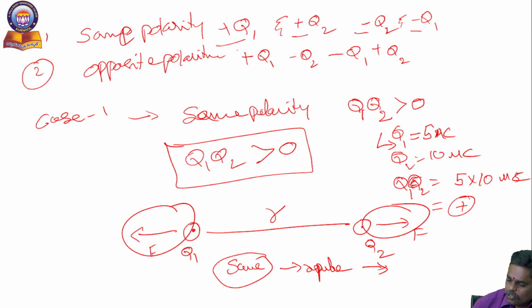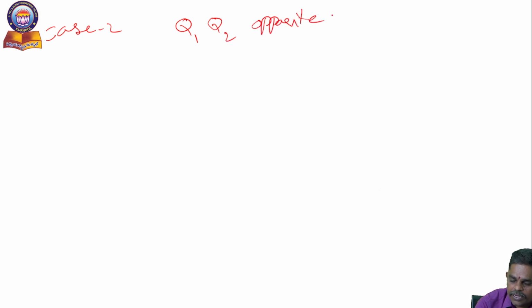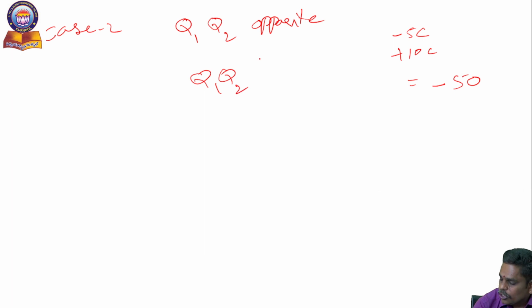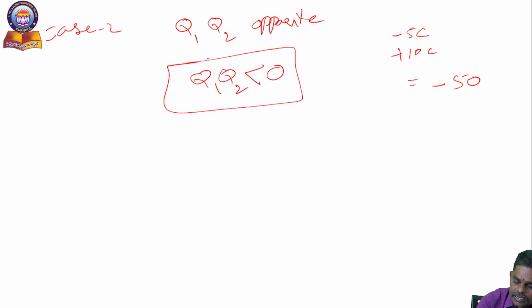Then we go to case 2, when Q1 and Q2 are opposite. Then we get minus 5 and plus 10, so we get minus 50, meaning the product of Q1 Q2 is less than 0.